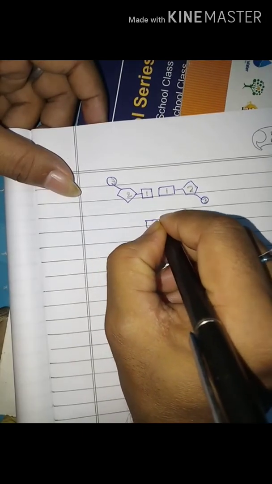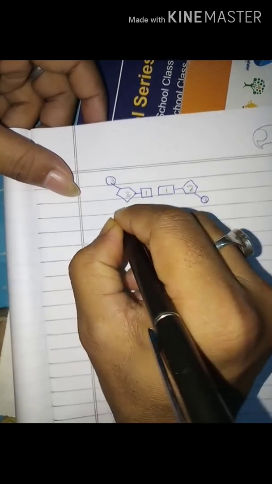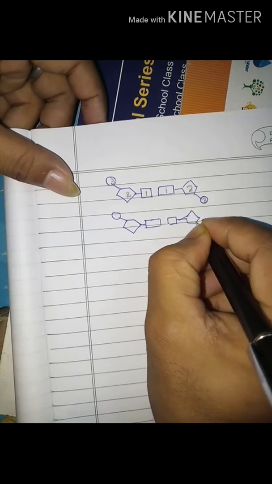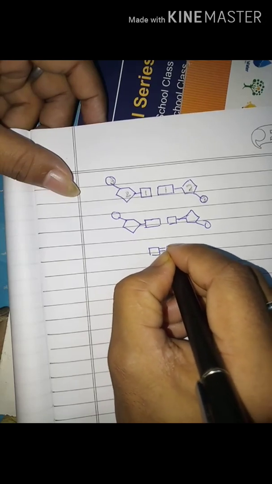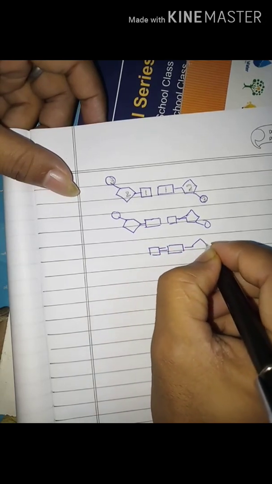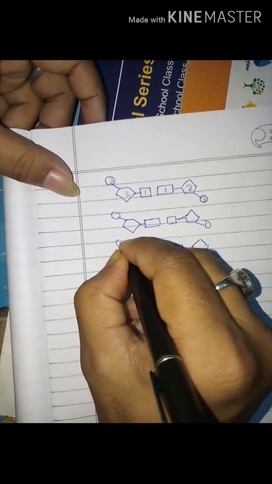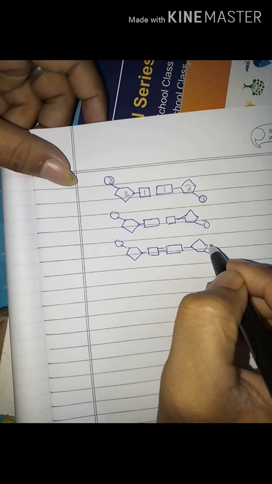Take the example of another one, another nucleotide unit. One more nucleotide unit is there. So altogether in this diagram there are 3 base pairs: 1 base pair, 2 base pairs and 3 base pairs.